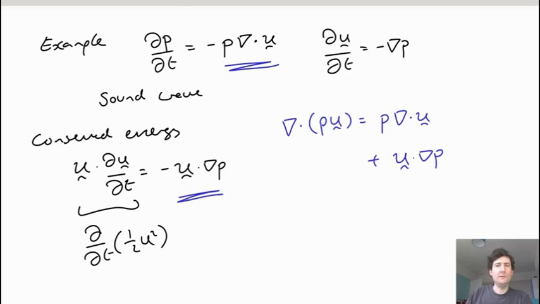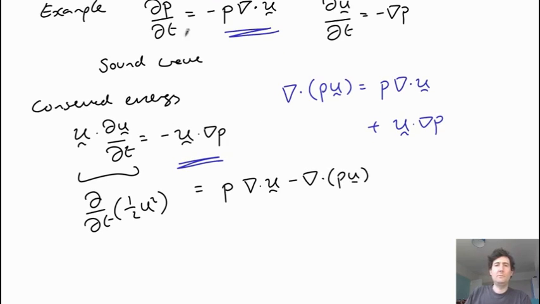And so you can write down that minus u dot grad p is equal to p times divergence of u minus the divergence of pu.